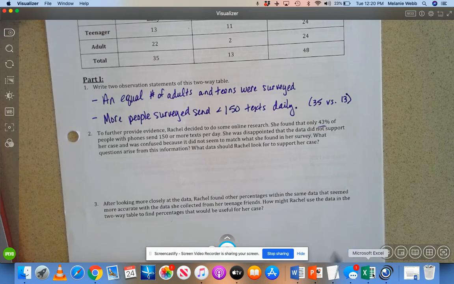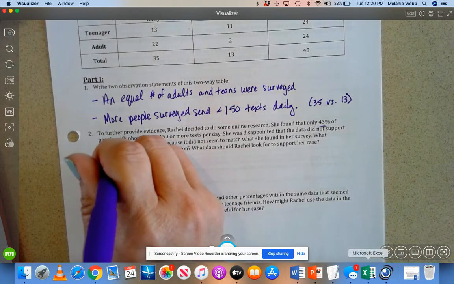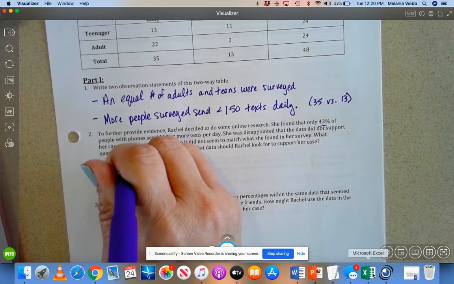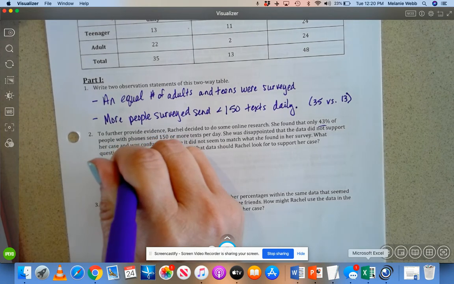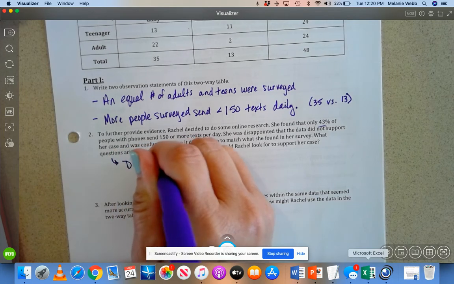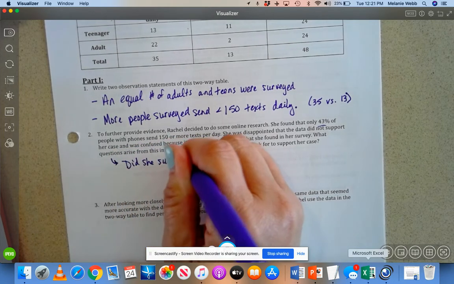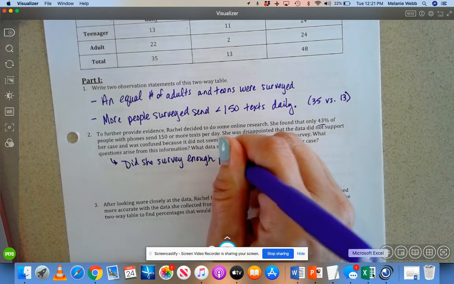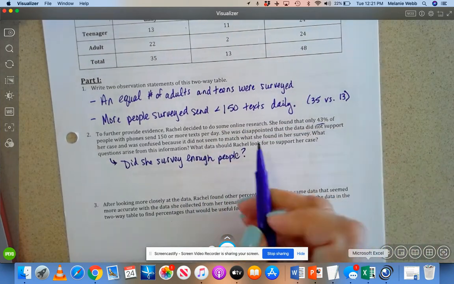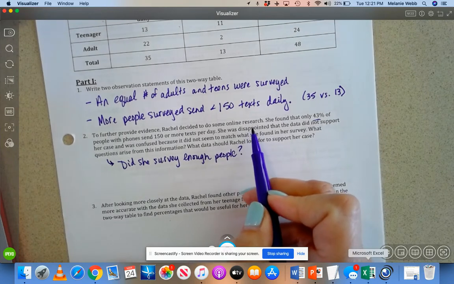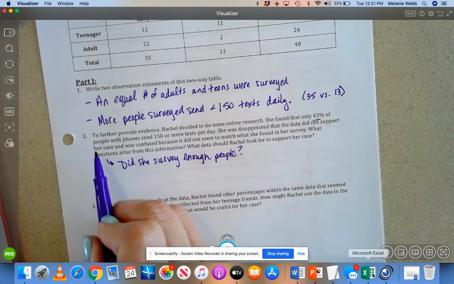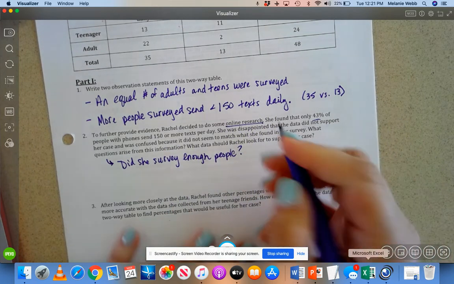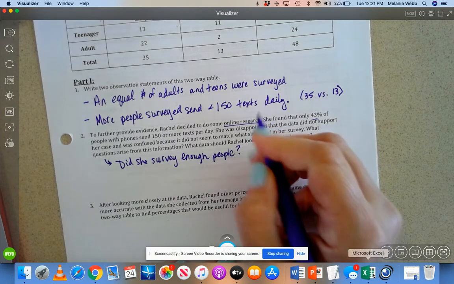Well, what questions arise is, did she survey enough people? Like, what was her sample size? And the online research showed that only 43% of people with phones send this many texts. How many people did they survey?